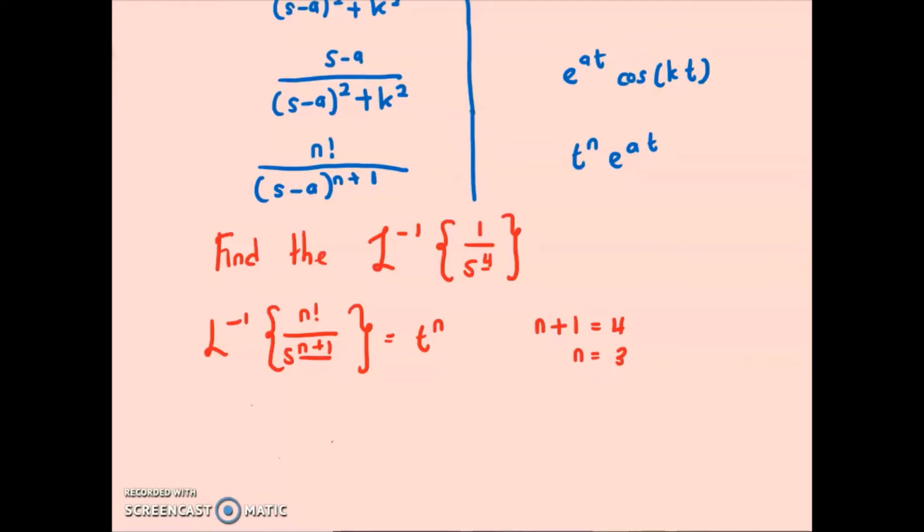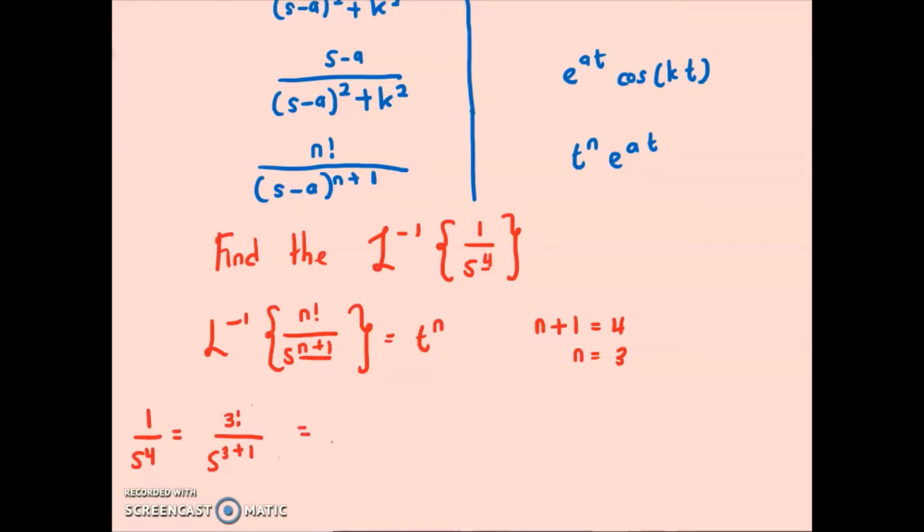So what we have here, when n is 3, I have 3 factorial over s^(3+1).